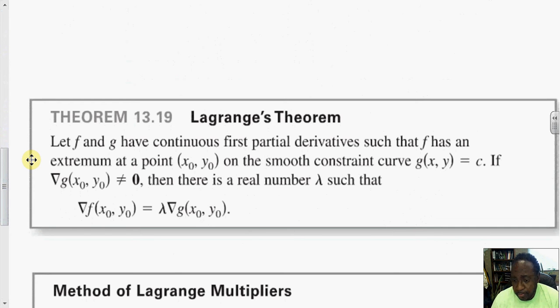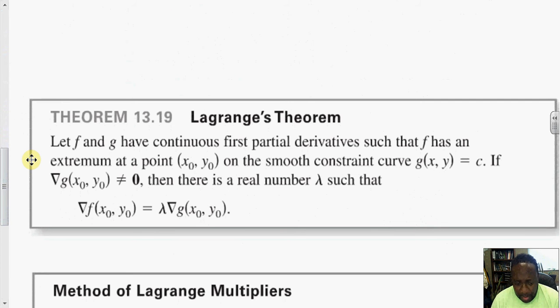Smoothness simply means that its first partial derivatives exist, and that the g function is not discontinuous on whatever interval you're considering. So here f has some kind of extremum at a point on a smooth constraint curve that we call g, where g of x, y is equal to some number c.